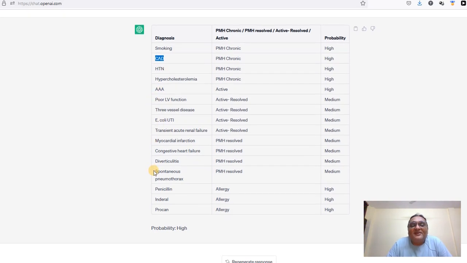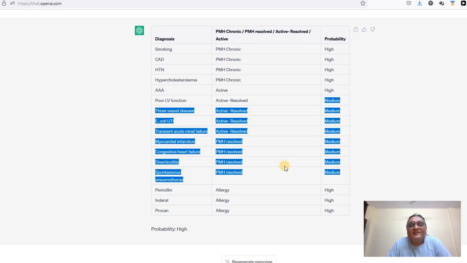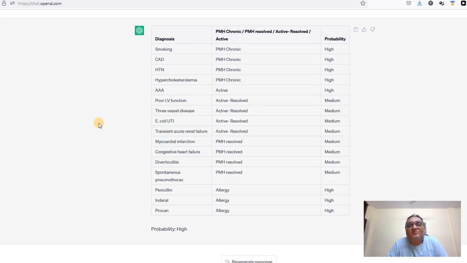Okay, right. Now, here it is giving the probability of each diagnosis, that this has a high probability. This diagnosis also has high probability, while the other diagnoses have less, or rather medium, probability.